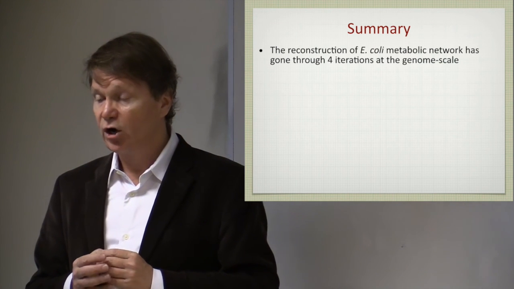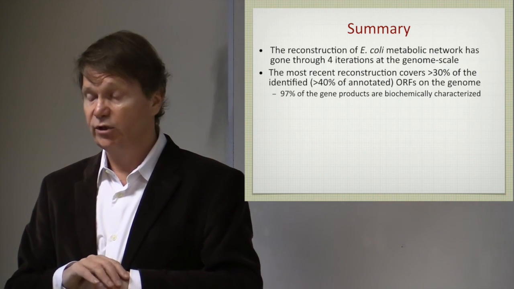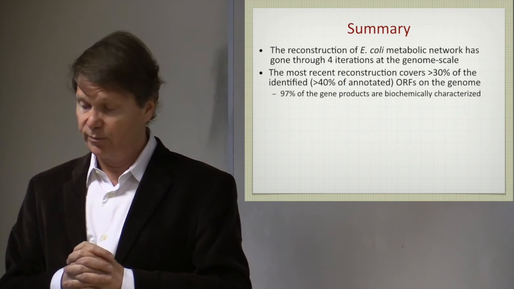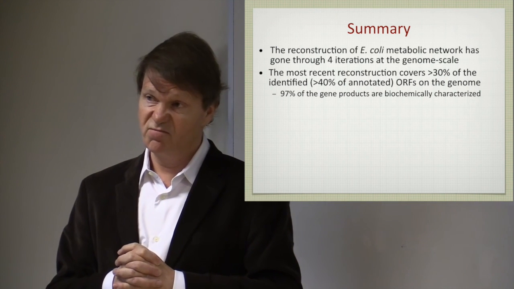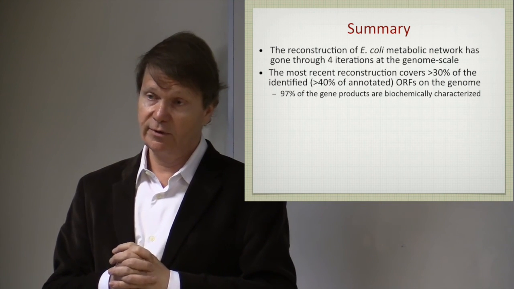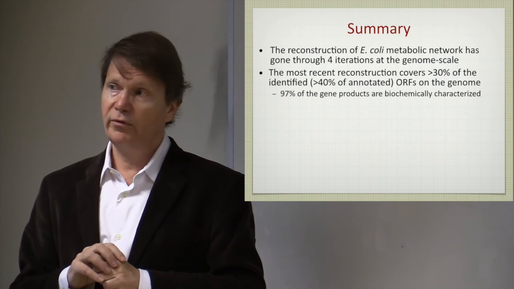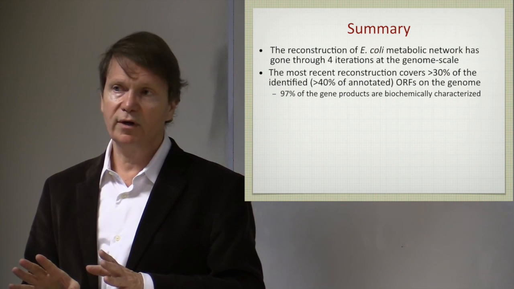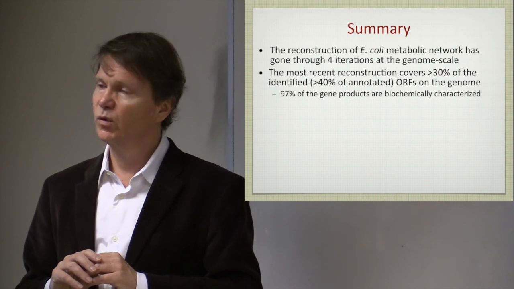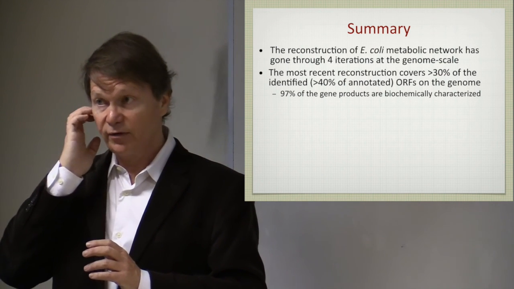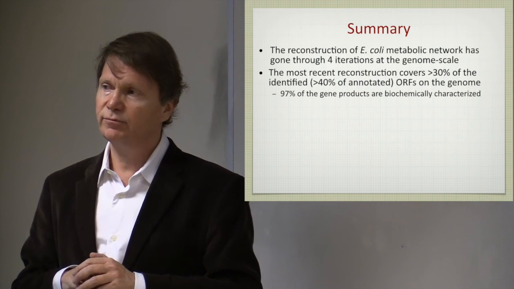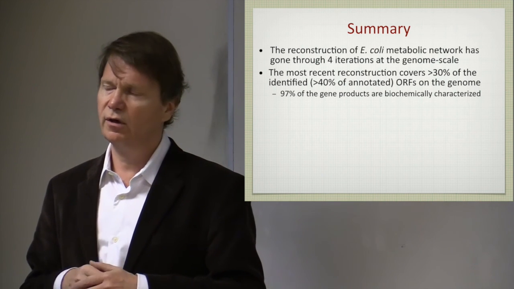If you look at the coverage, these metabolic genes are about 30% of the 4,400 open reading frames annotated on the E. coli genome. About 700 of the open reading frames have no annotation whatsoever, called Y genes. And there's another 700 Y genes where there is maybe some annotation, but it's not really functional annotation.